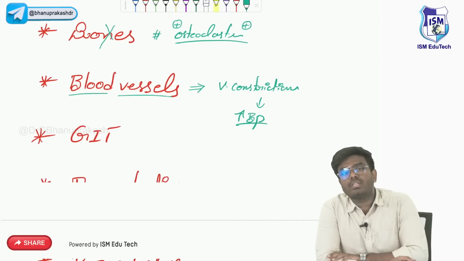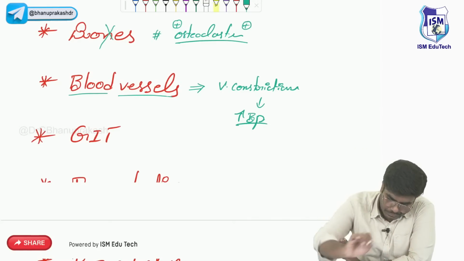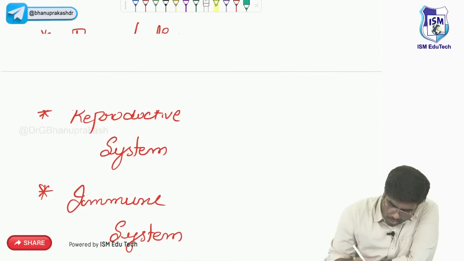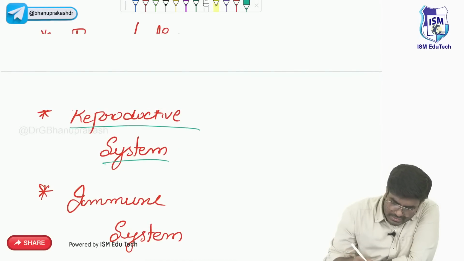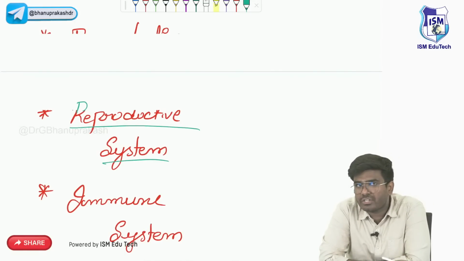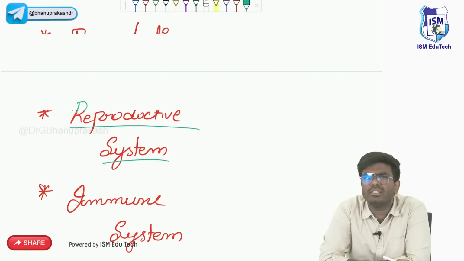Now what is the action of cortisol on the GIT? In the GIT, cortisol increases the acid production. Now on the reproductive system, cortisol itself is a stress hormone, right? Whenever you are in stress, reproductive activity is not that good.